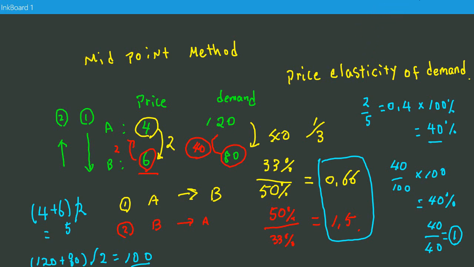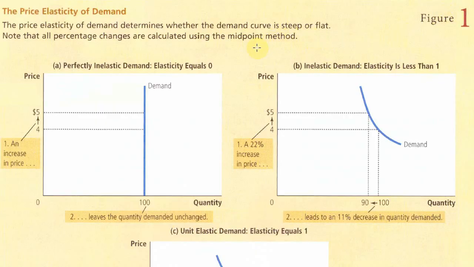And next is the graph. We have to translate this, so this is the translation of a graph. So we will see the demand elasticity of pricing.